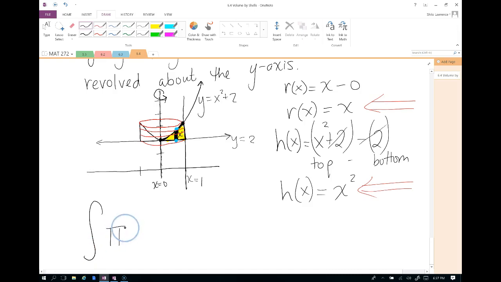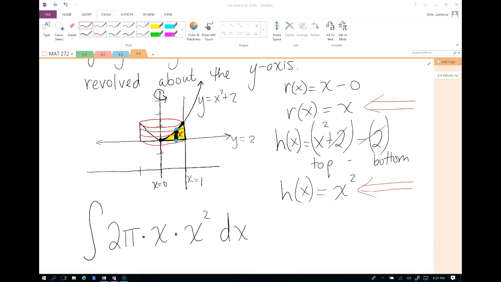So with the shell method, we do 2 pi times your radius function times your height function. And everything here is in terms of x, because the shell method uses the variable opposite your axis of revolution.